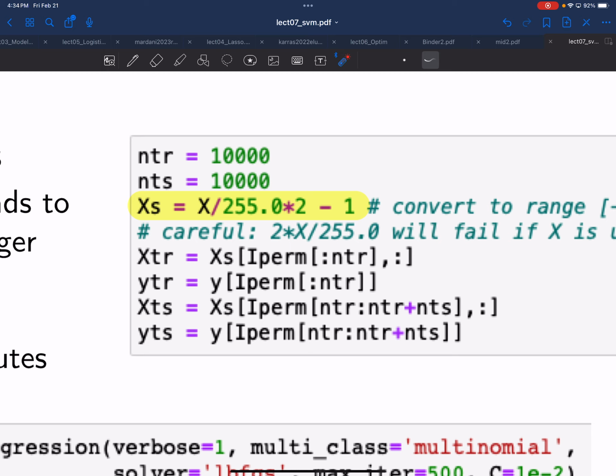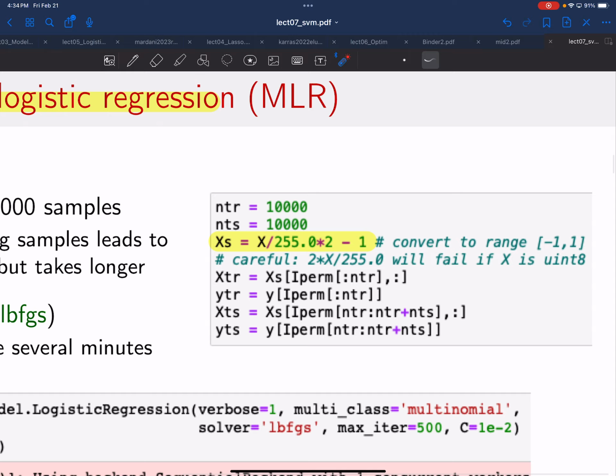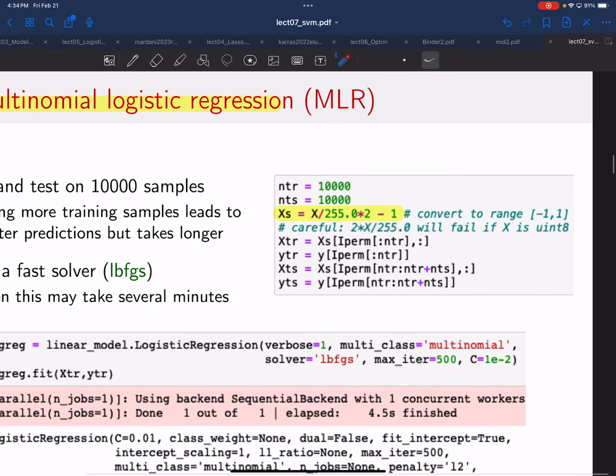So the brightnesses will wrap around, you'll get garbage. And so it's important to do this floating point division first so that you get a floating point number, and then you can scale it by 2 after that. So there are these little details that sometimes you learn the hard way if you don't do them right.